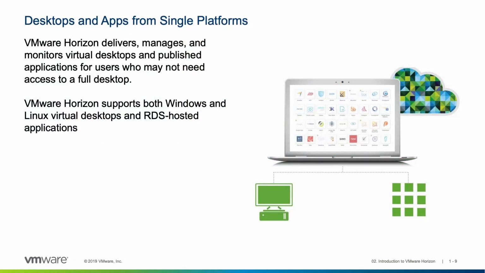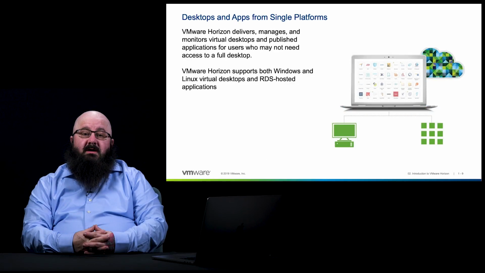One of the important things that comes out of Horizon is the ability to provide users access to desktops and applications from a single platform. So regardless of whether they're coming in with an iOS device, Android device, Windows device, Mac device, Linux device, a thin client or a zero client, they'll still get the same look and feel of their applications.